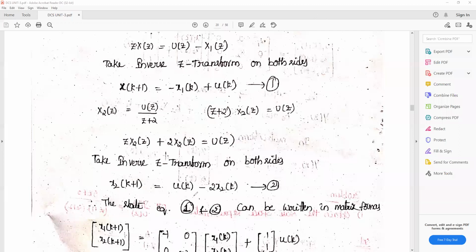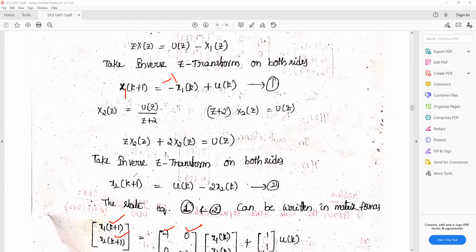The state equation can be written in matrix form. So x1 of k plus 1, x2 of k plus 1. The x1 coefficient is -1. The x2 coefficient is not given, so it is taken as 0.